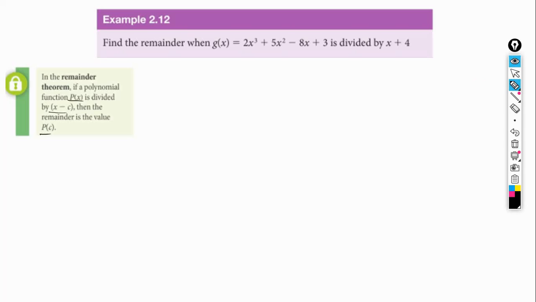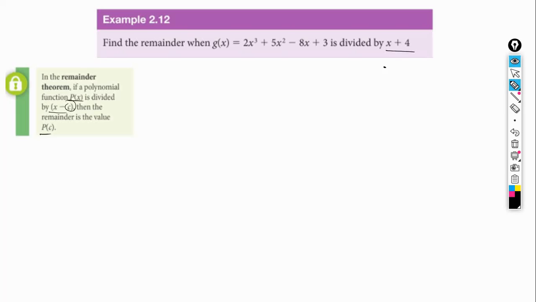So what does that mean? That means that if we plug in c into the function, whatever result we get would be the remainder if we had divided by that factor. So in this case, it's x plus 4.